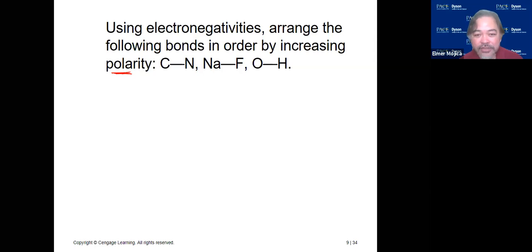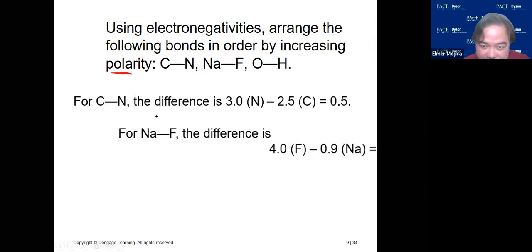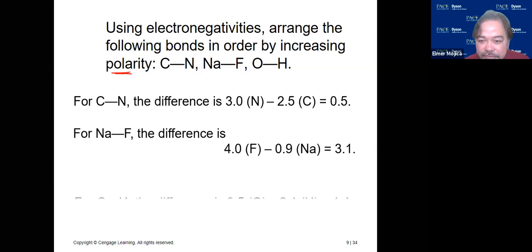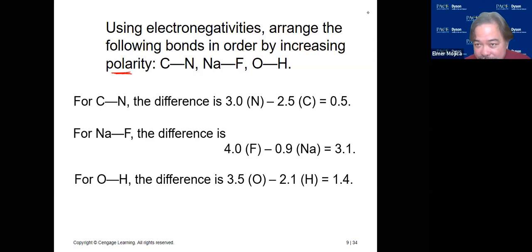So if you're going to look at this, all you need to do is go to the previous slide that contains the values, but I think I already put some of them here. So this is what you get. Increasing polarity means from the lowest electronegativity difference to the highest. So I will start with the CN, followed by the OH and the NaF.